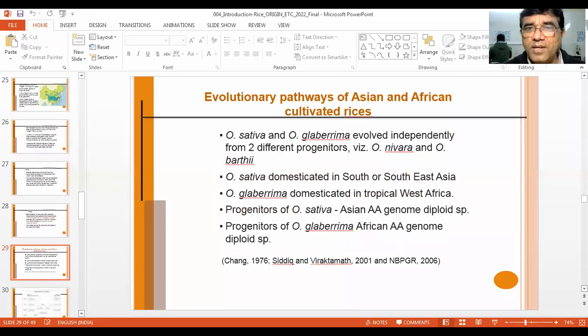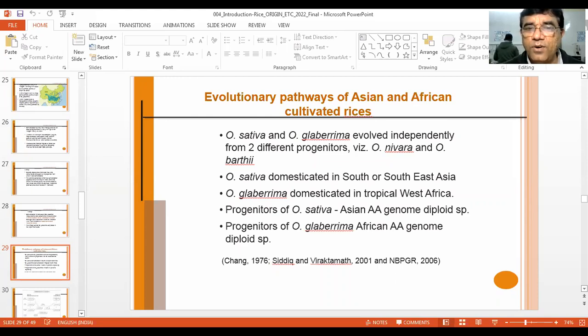Evolutionary pathway of Asian and African cultivated rices. So you can see Oryza sativa and glaberrima evolved independently from two different progenitors. Oryza nivara was the progenitor of sativa, and Oryza barthii was the progenitor of glaberrima. Oryza sativa was domesticated in South and Southeast Asia, and glaberrima in tropical West Africa.